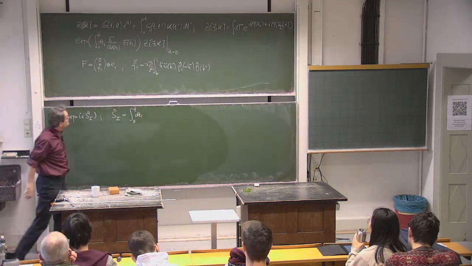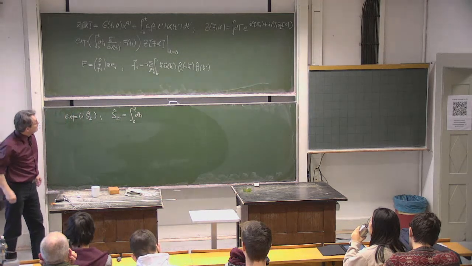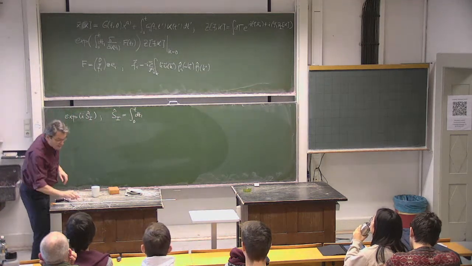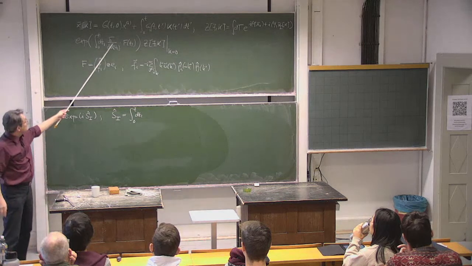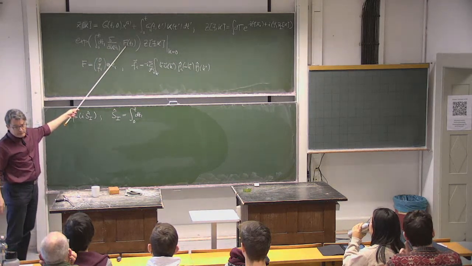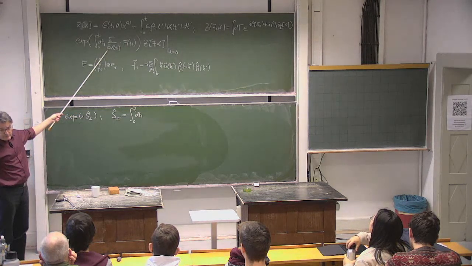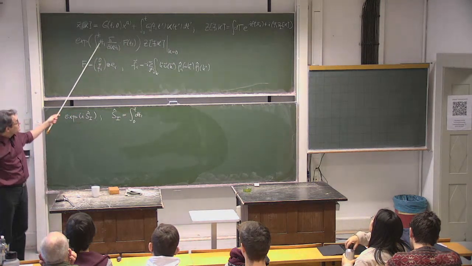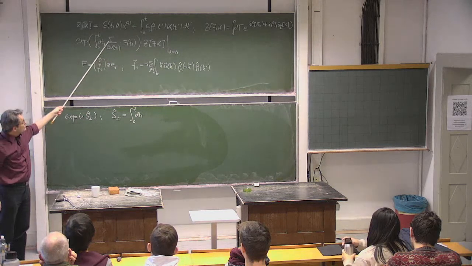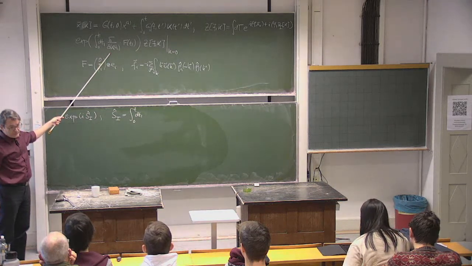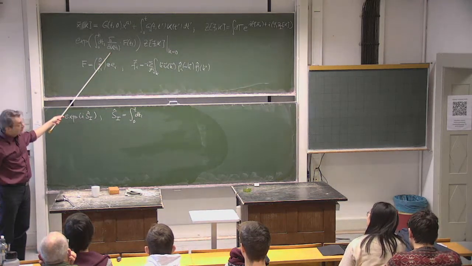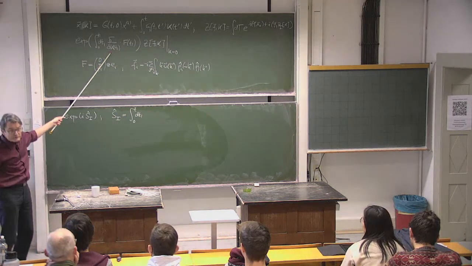Now, Si should be a time integral. Now, I need to evaluate the scalar product here of this force term here with the functional derivative with respect to the K field. Now, of course, I need to take the functional derivative with respect to all the components of the K field.